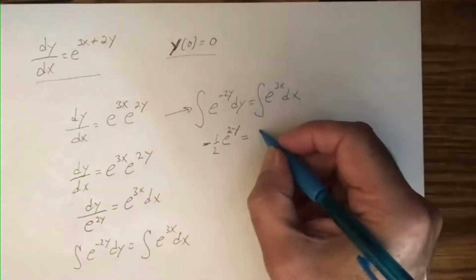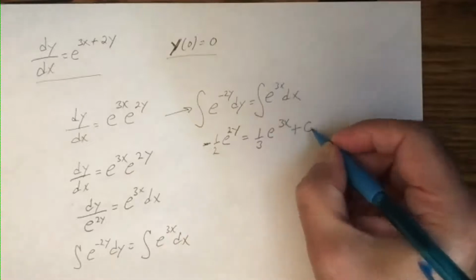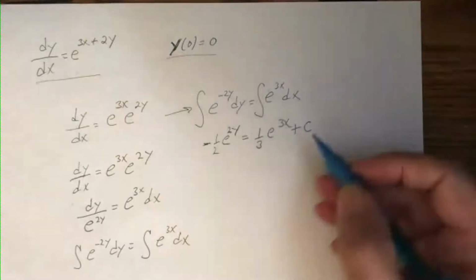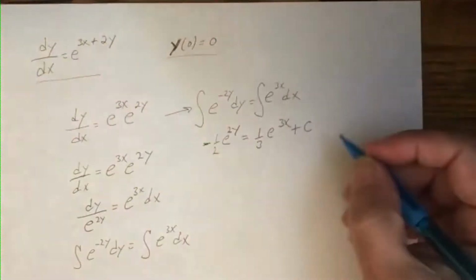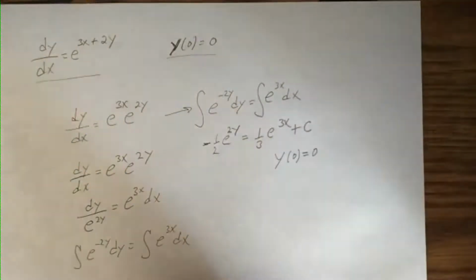So here now, this is going to become 1/3 e to the 3x plus c. I always put my constant on the right side. That's the general solution to this differential equation. Now, if I apply the initial condition, I'll be able to determine what c is.